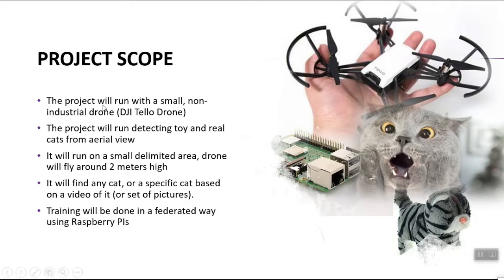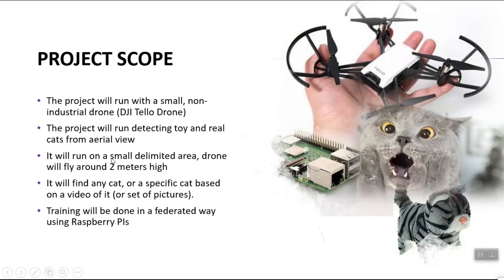Then the project will run detecting toy and real cats from aerial view. With toy cats, because they're easier to handle, and you'll see why, and also real cats. I want to detect real cats too.